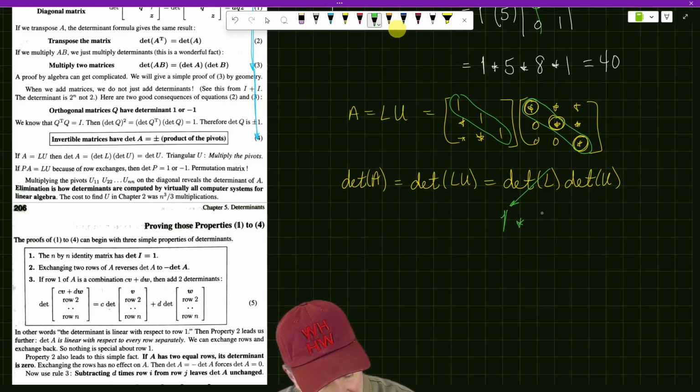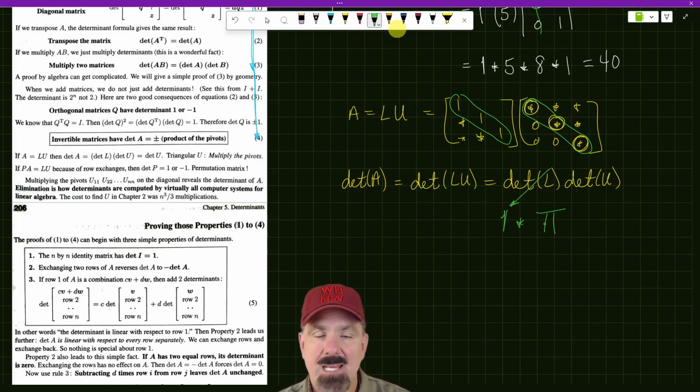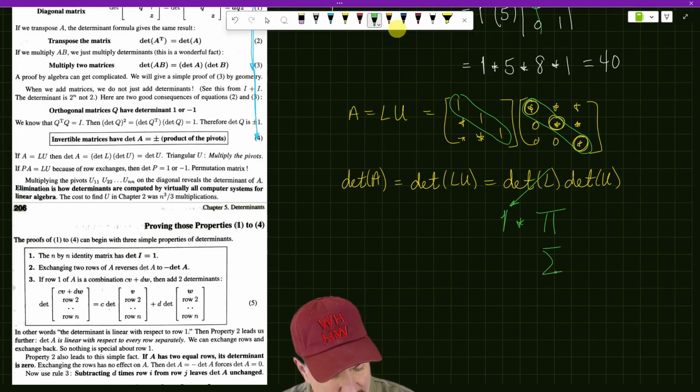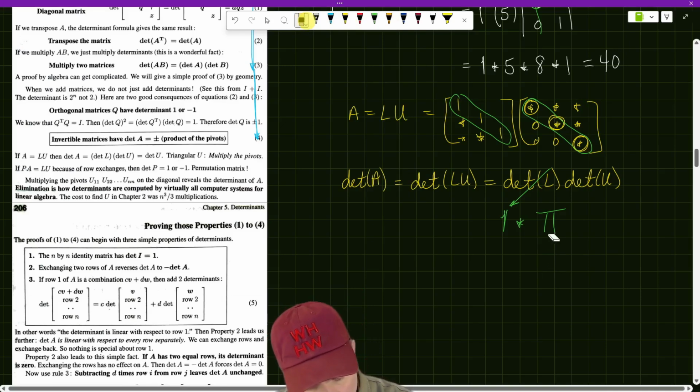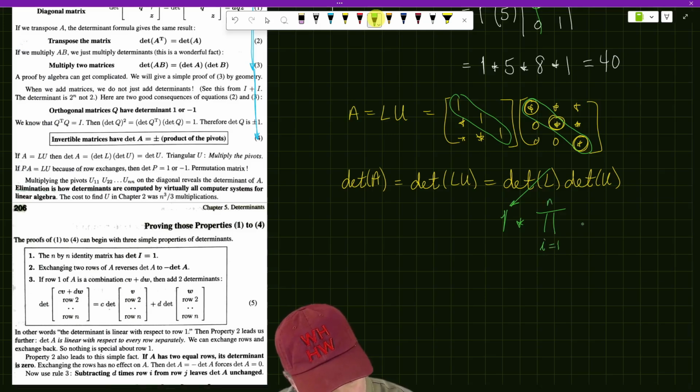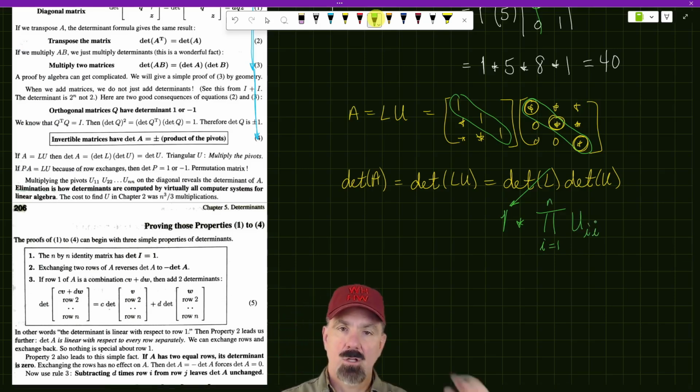This big capital pi symbol is product, just like the sigma symbol is for summing. The pi is for product, for multiplication. So this is really just the product, if you will, for i equals 1 to n, the U_ii values along the diagonal. That's it. And this is the actual means that we use for calculating determinants.